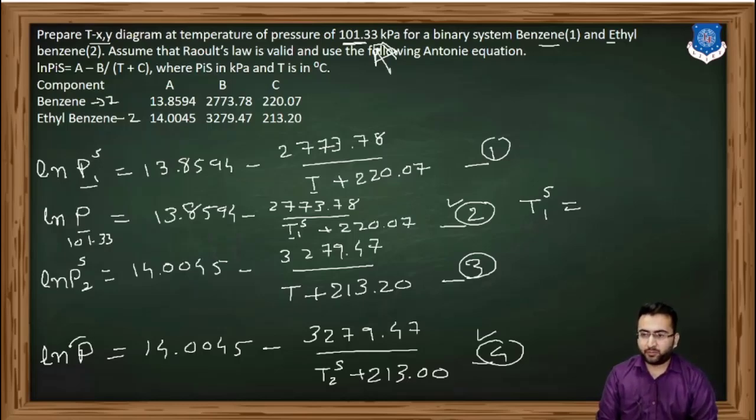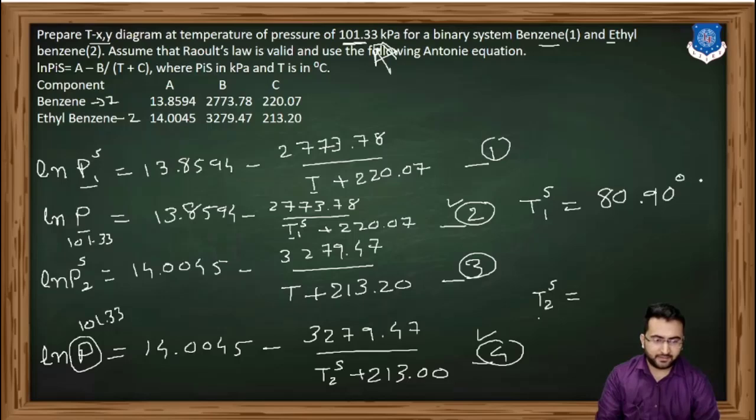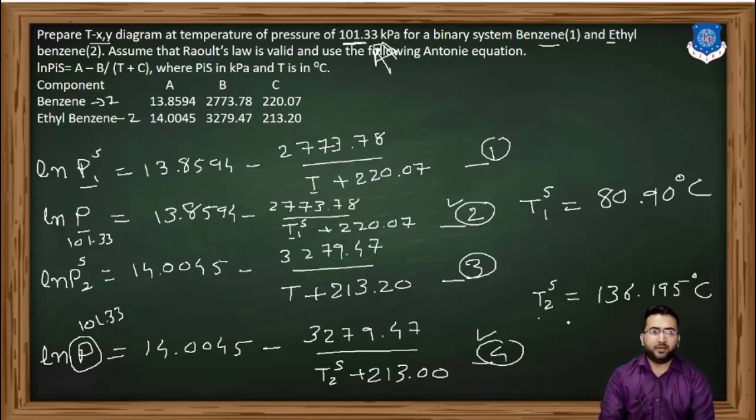Similarly, if we put P as 101.33 kilopascal in equation number 4, we will get the value of T2 saturated. The value of T1 saturated is 80.90 degrees Celsius, whereas the value of T2 saturated is 136.195 degrees Celsius.